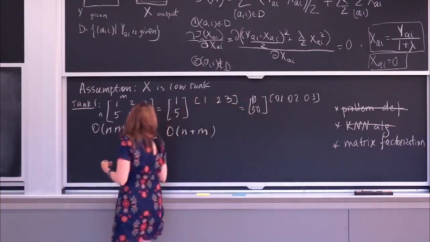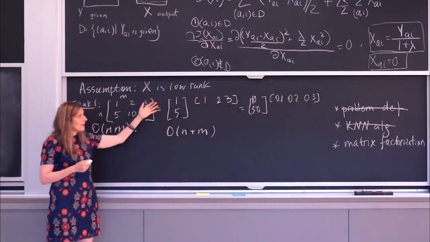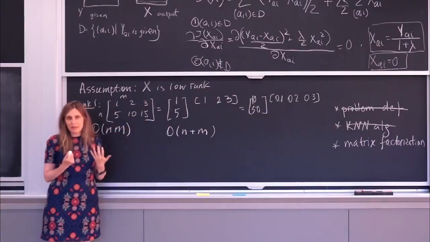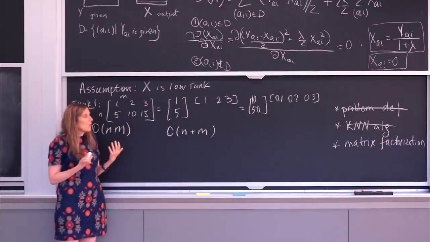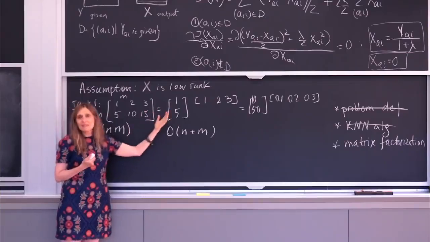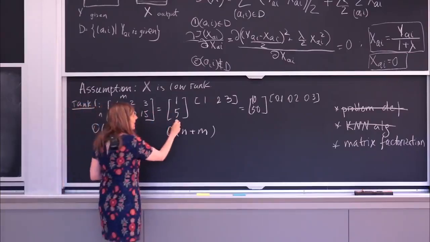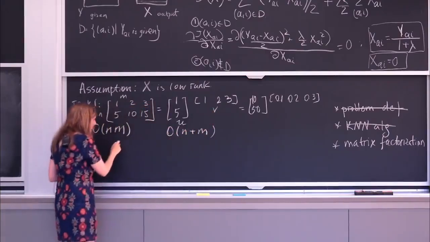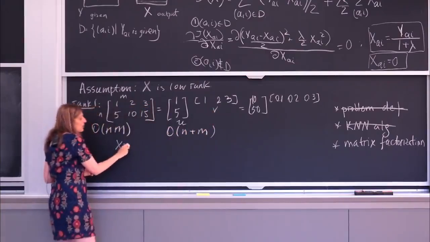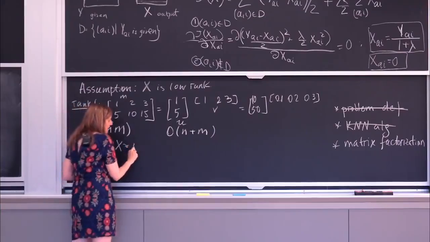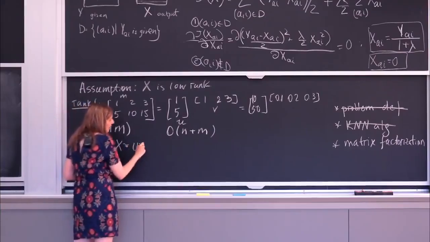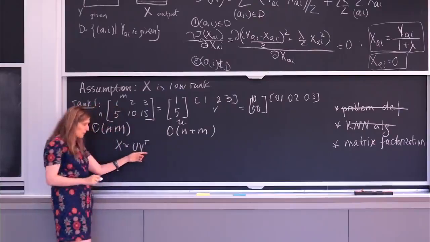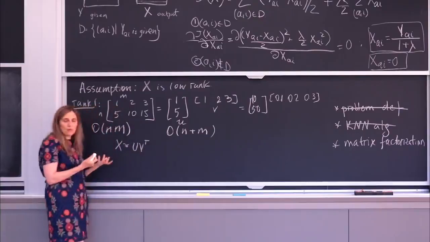So let me just explain intuitively what exactly these vectors capture. We would call this vector u and this vector v, and my matrix X would be just a multiplication of vector u and vector v transpose.